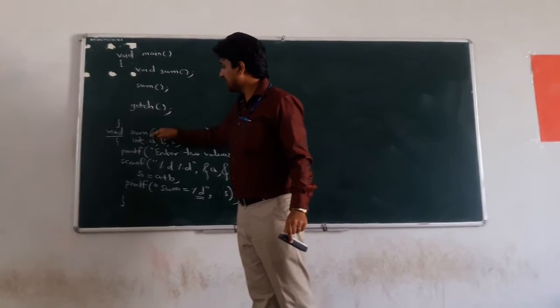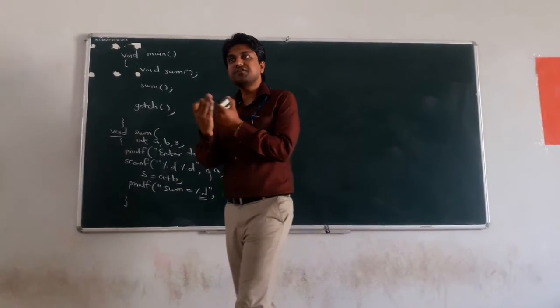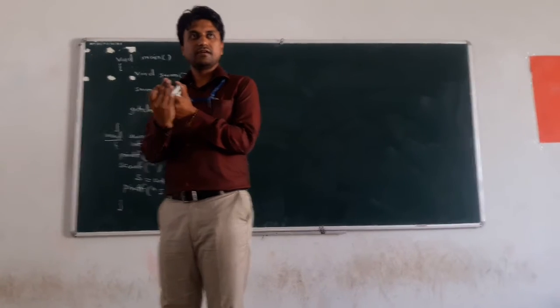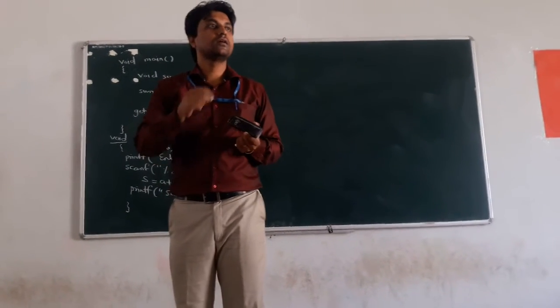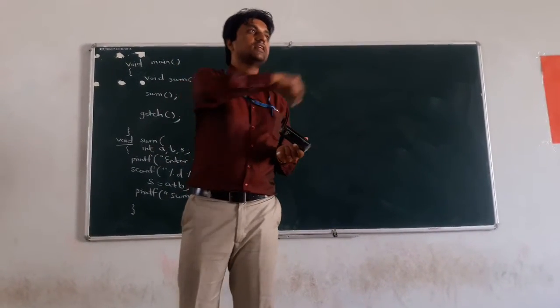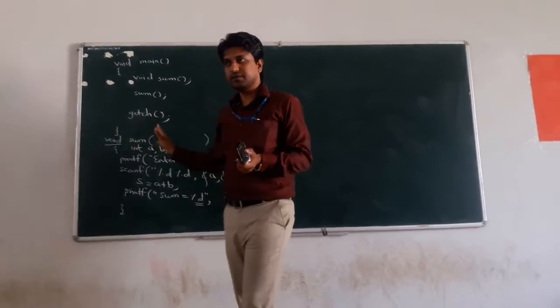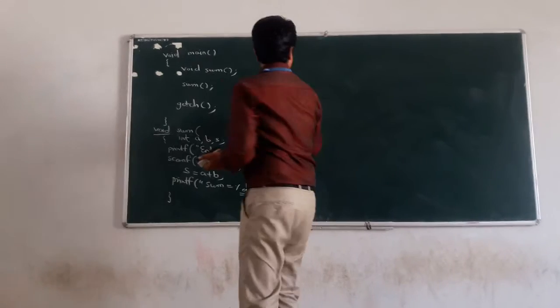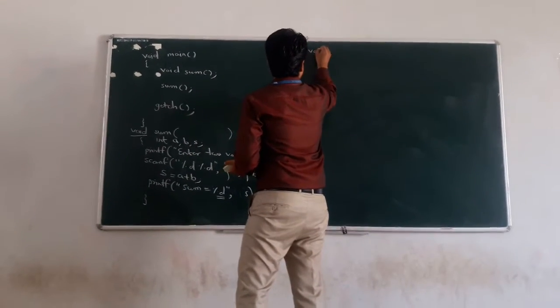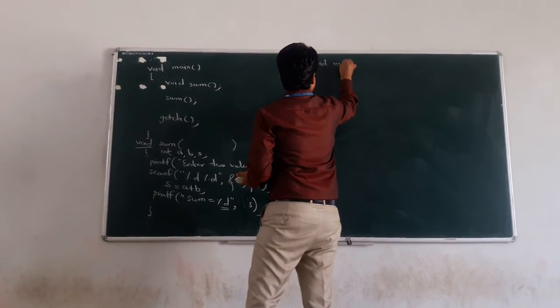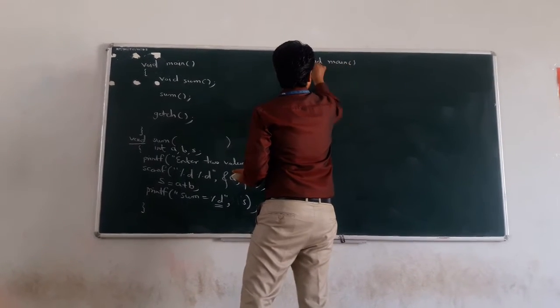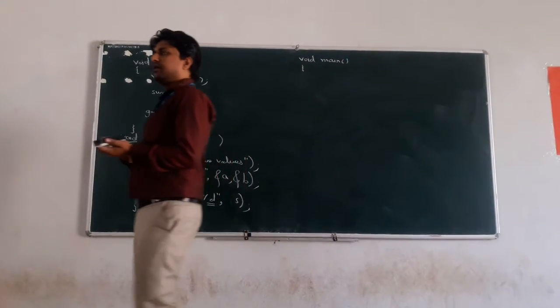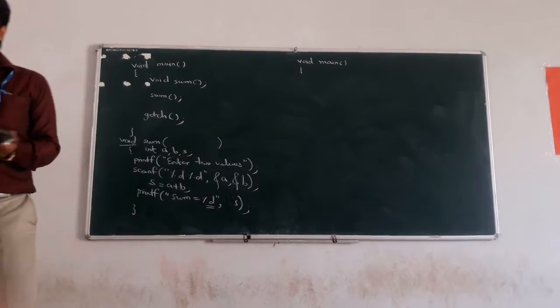Here main and sum functions communicate with each other, but there is no argument passing and nothing is returned to main. This is the first type. Second, as per discussion, what is the discussion between main and sum?